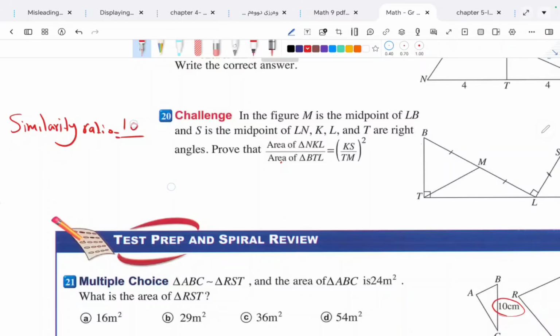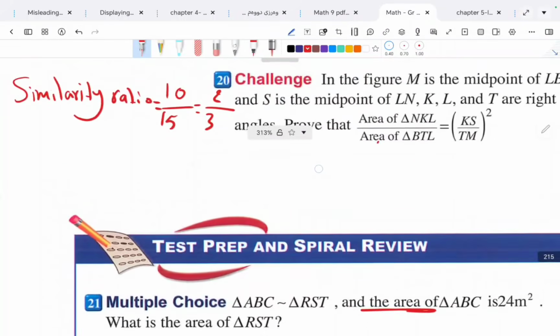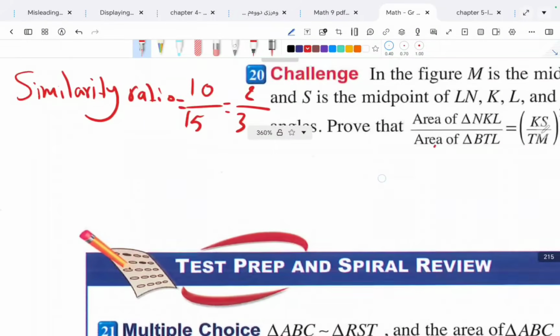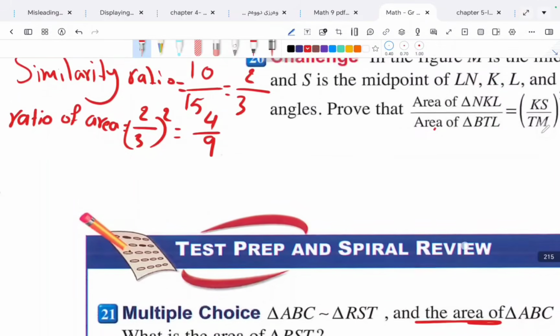Is it in simplest form? No, it will be 2 out of 3. They ask for area, so you don't need the ratio of their perimeter. Directly, I'm going to change to the ratio of their area. We say 2 out of 3 power 2, which equals 4 out of 9.